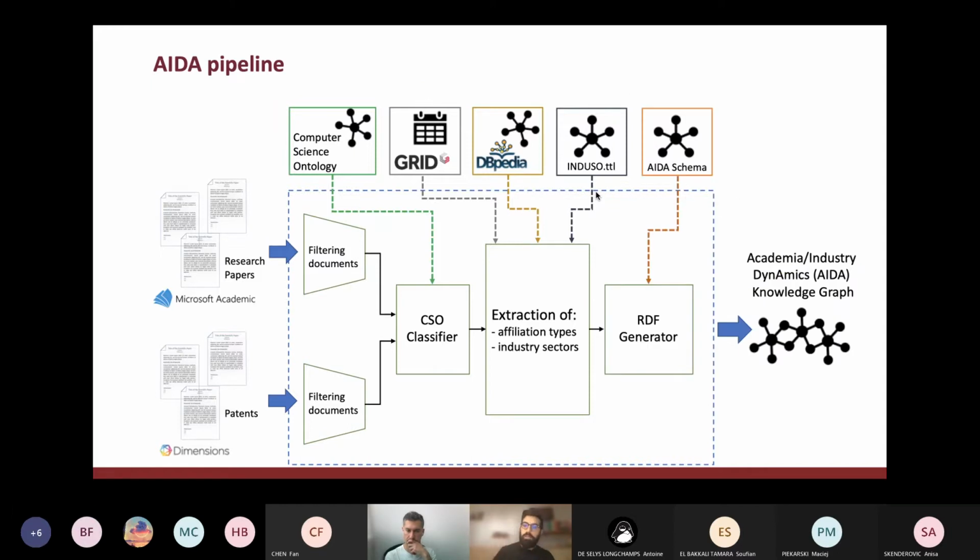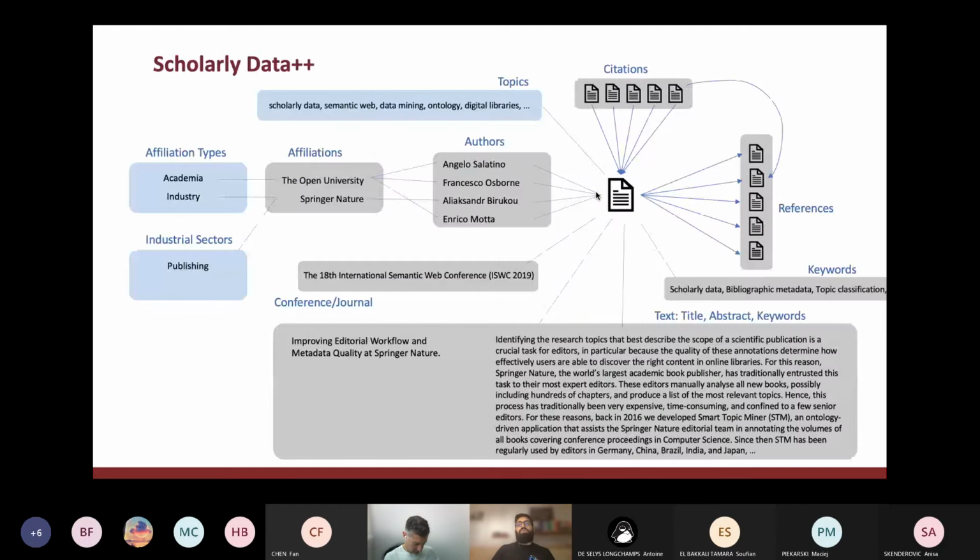We have a schema, an AIDA schema, and thanks to this schema we produce the RDF that has been published and is available for download. Now, do you remember the first picture when I showed you Scholarly Data? That was the paper, all the gray ones. Thanks to this operation, we have been able to add topics. So we know that this paper talks about scholarly data, semantic web, data mining, ontology, digital libraries.